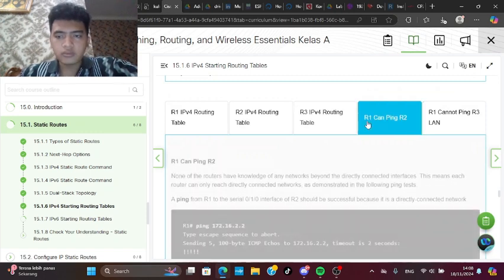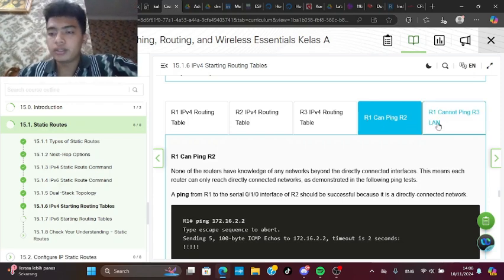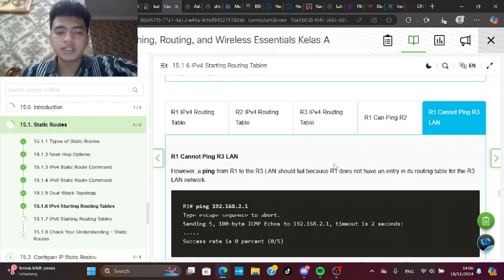Router 1 can ping router 2 because both are directly connected, but router 1 cannot ping router 3 because it does not have any entry in its routing table for the router 3 LAN network.